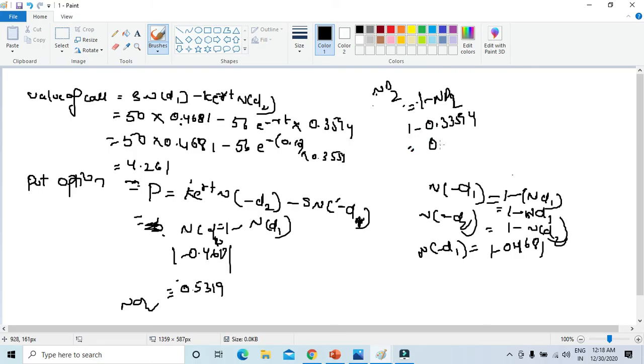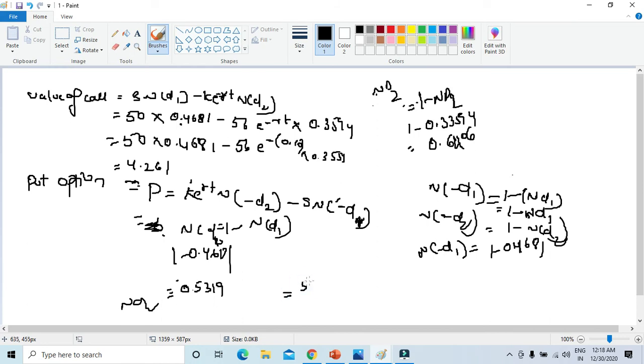N(-d2) will be 0.6406. Now here we are going to substitute.